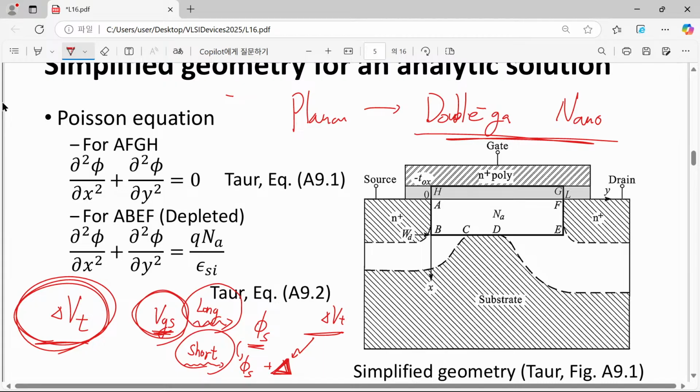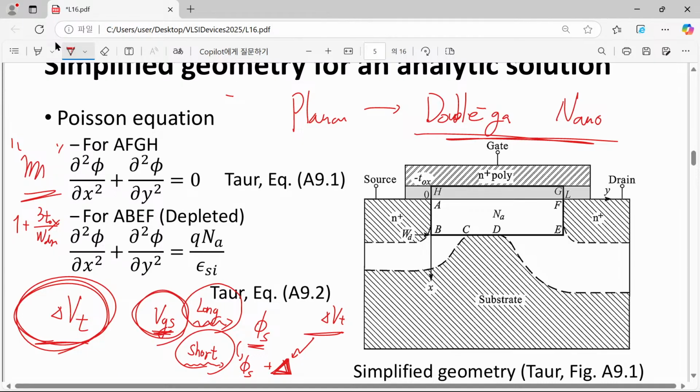The exchange rate was called M, you know it. So M was given as 1 plus WDM over 3 times Tox, and this value is the ratio between our gate potential change and surface potential change.